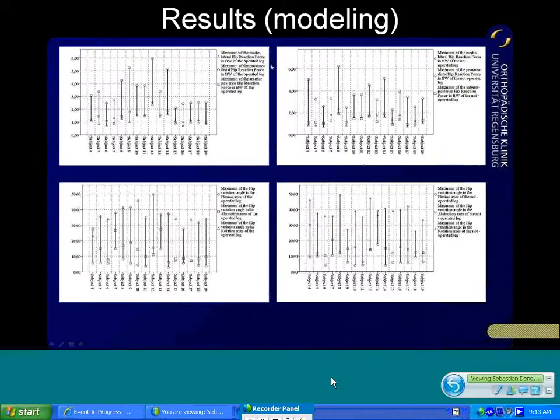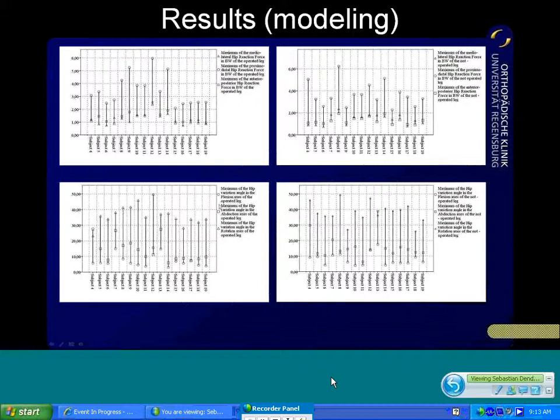The triangle represents the mediolateral hip reaction force in the upper diagrams. The circle represents the maximum of the proximal hip reaction force in body weight of the operated leg in this diagram, and of the not operated leg in this diagram, where the square represents the anterior-posterior hip reaction force.